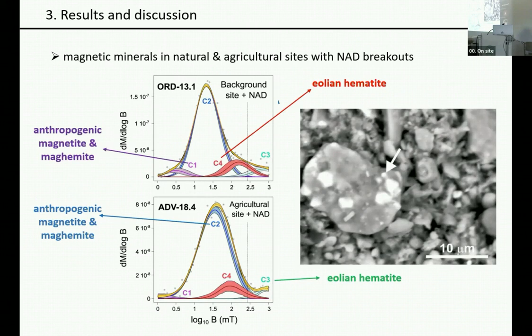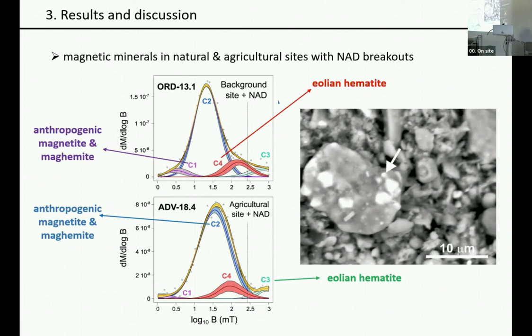If we go to natural and agricultural sites, we could get only reliable results for these curves in the case that atmospheric deposition was important due to the extra addition of North African dust.